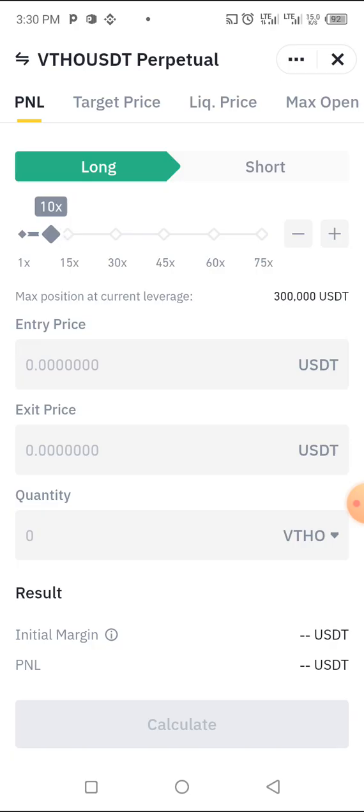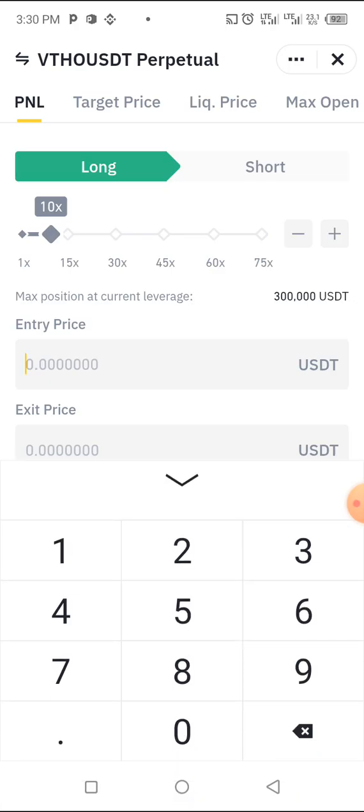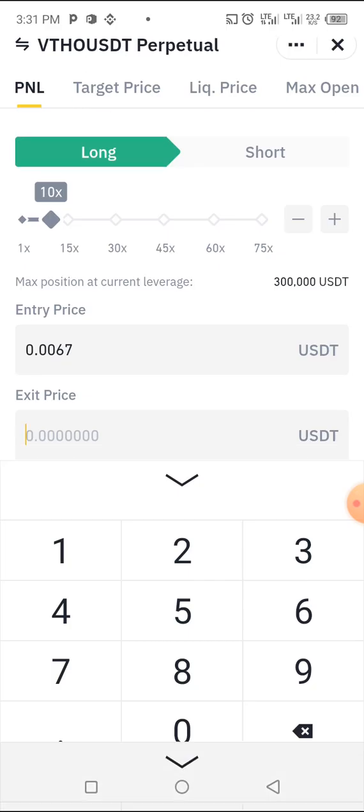Okay, and the amount of money I want to enter, let's say the entry price of it is 0.00667. Okay, then the exit price, the price that I want it to get to when I exit, is, let's say, 0.006, right? So that means I'm going long.